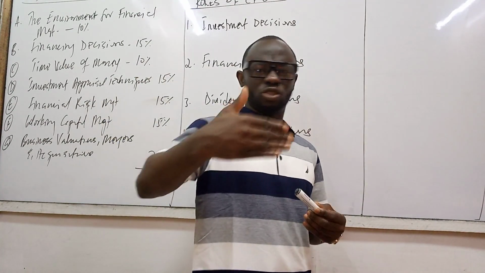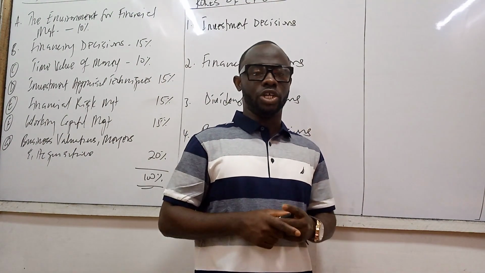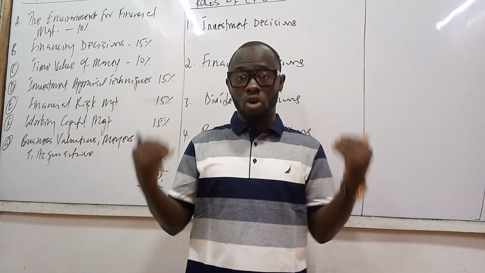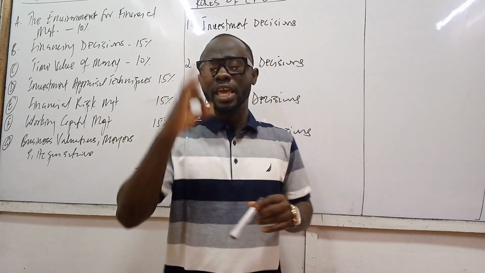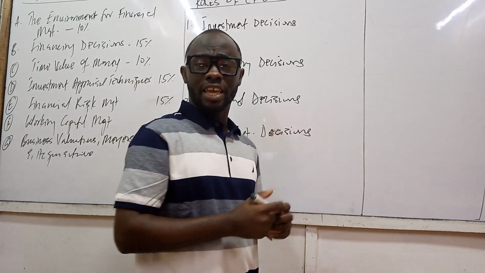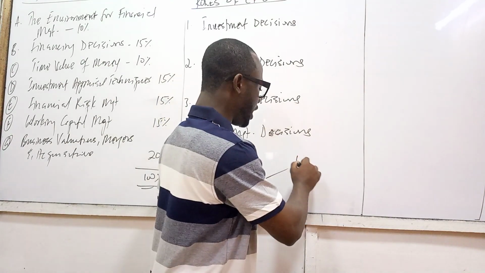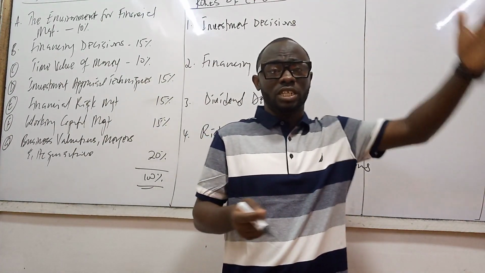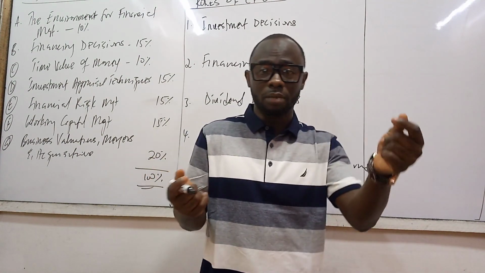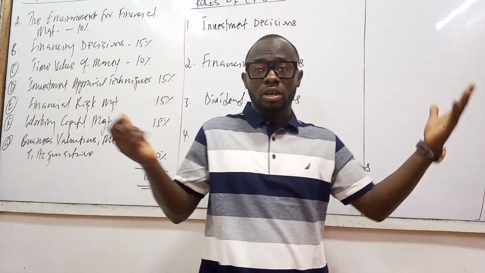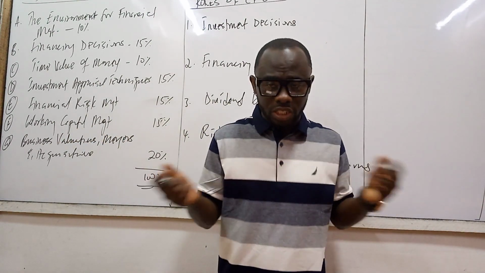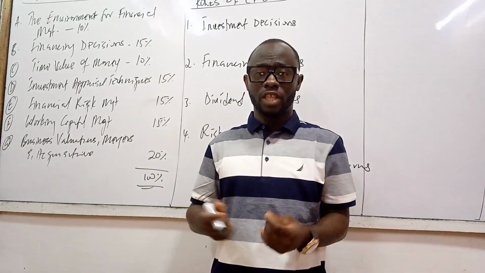Now, what does it mean to maximize the welfare of the shareholders? Maximization of welfare of shareholders can come from 2 or 3 angles. Number 1, it can come from giving them high returns on their investments. So for instance, if the shareholders give us $20,000, how much can we give them in return?